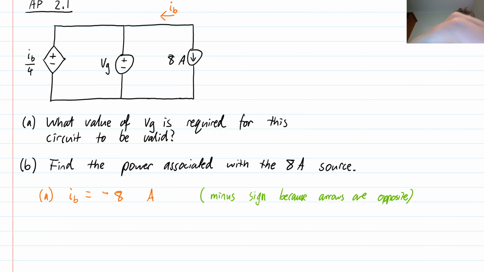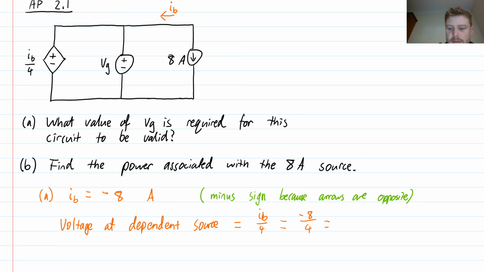So if IB is that, then the voltage at the dependent source is IB divided by 4, just reading it off the circuit diagram, which is minus 8 divided by 4, which is minus 2 volts. So I have minus 2 volts over there on that left-hand side.